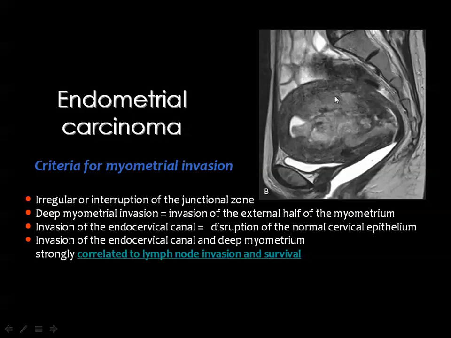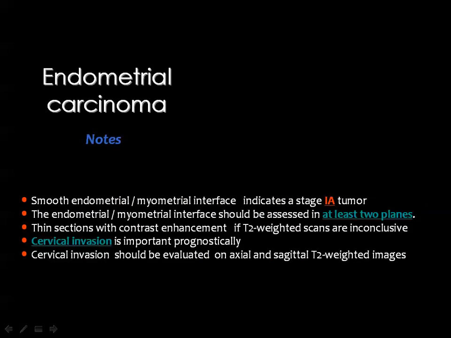It may infiltrate the wall of the uterus and may go into the adjacent organs, and the signal intensity of the tumor is usually less than that of the endometrium in T2 weighted images, but more than the signal intensity of the myometrium.